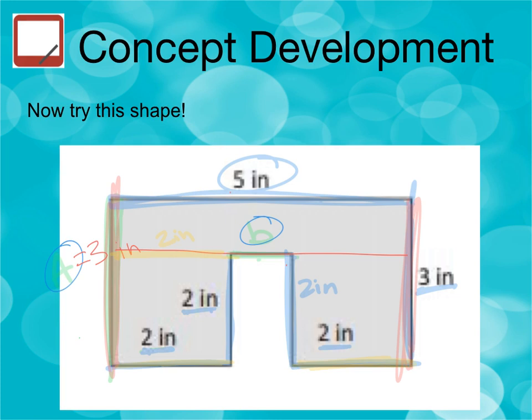And this distance and this distance is the same, so this one would be 2. And the whole distance all the way across is 5. So I have 5 minus 2 equals 1. So this little tiny section in here has a measurement of 1 inch.